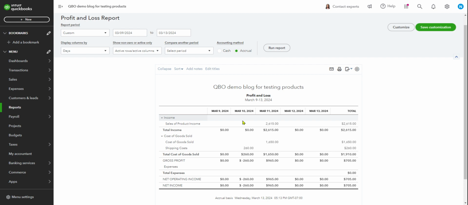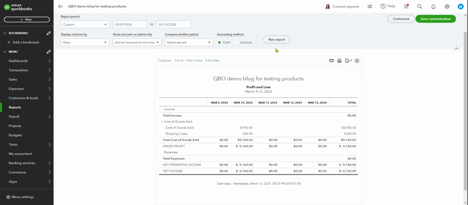So on the sales, let's just run the cash first. When you run the cash, you don't see any income in here. The reason is it was an invoice, so they haven't paid your bill.